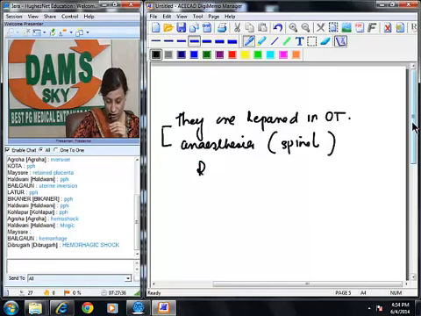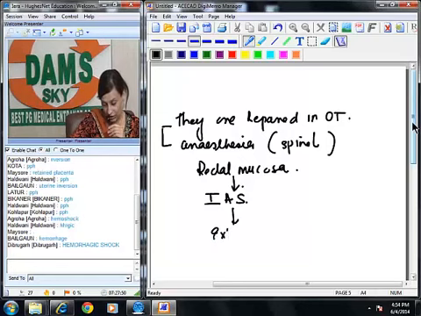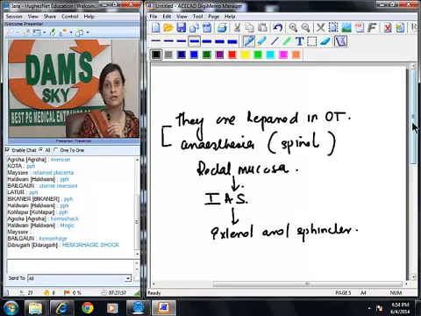The first structure to be repaired is rectal mucosa, followed by internal anal sphincter, followed by external anal sphincter, right?